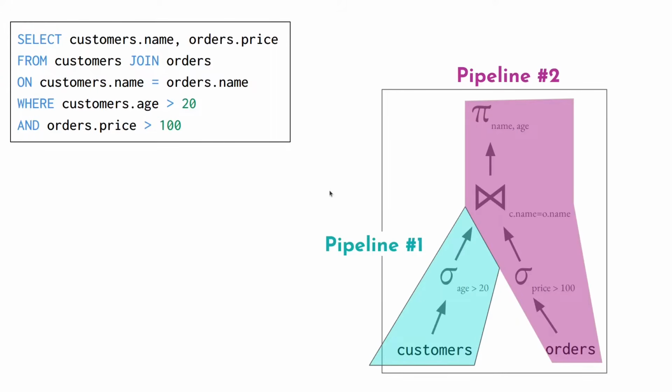So a join splits our query plan into two pipelines. The first pipeline is this one, which is the left child. And again, this is a pipeline because we can just keep emitting data as soon as a tuple arrives at the selection. If it passes, of course, the predicate, we just emit it immediately. But then we block here, right? The data can't just keep passing through.